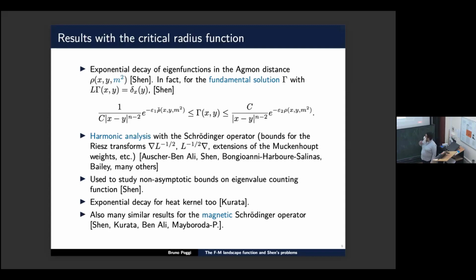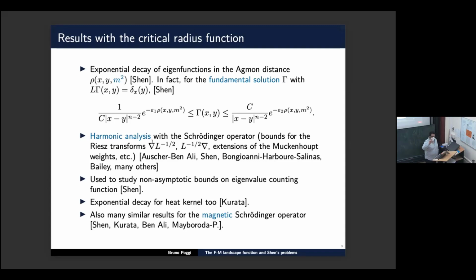As it turns out, the reason why Shen studied this kind of estimate is because of applications to harmonic analysis. At that time, they were interested in studying the L^p bounds for the Riesz transforms associated to the Schrödinger operator, such as these ones, but also others, or proving the Calderón-Zygmund properties of certain kernels associated to the Schrödinger operator once again.